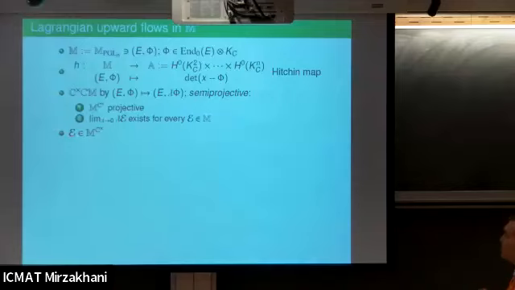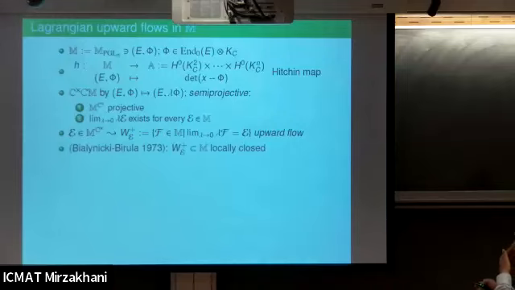I take a fixed point of the C-star action, and take all the Higgs bundles whose downward limit point is this fixed Higgs bundle, and I call this the upward flow from the point E. And because all of this exists for any point, this gives us a decomposition of the space.